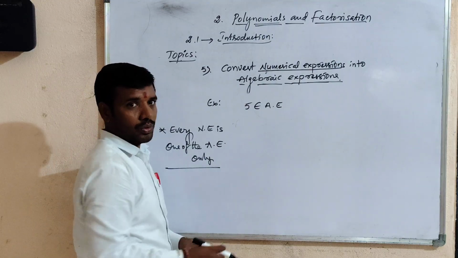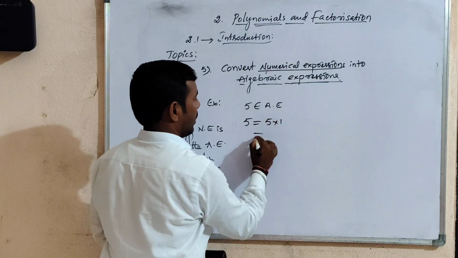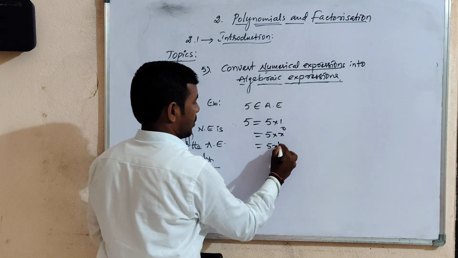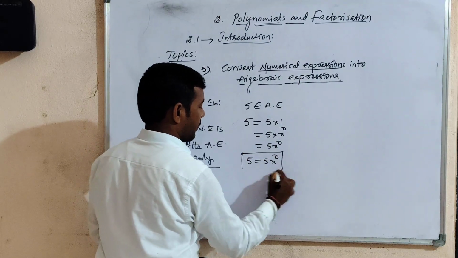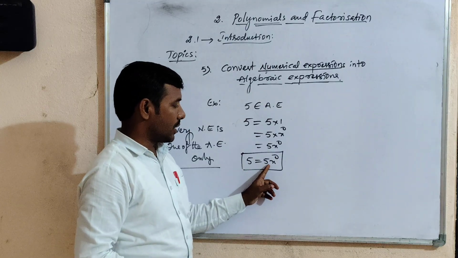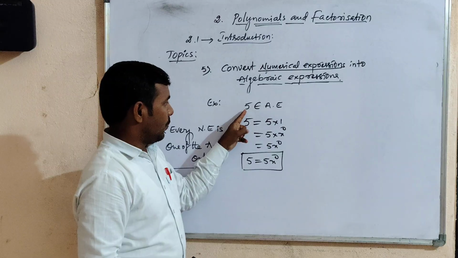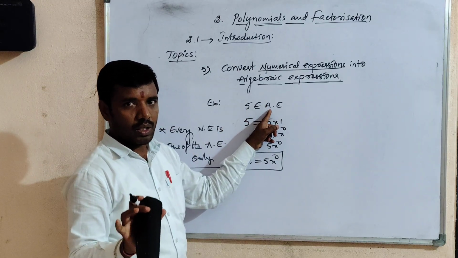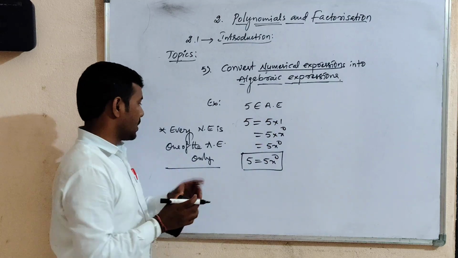Just now I showed how to convert pi into an algebraic expression. Pi into 1, pi into x to the power of 0, pi x to the power of 0. That means pi is equal to pi x to the power of 0. What happened? The numerical expression pi is converted to an algebraic expression. In a sense, pi is one of the algebraic expressions only. Please try to understand.